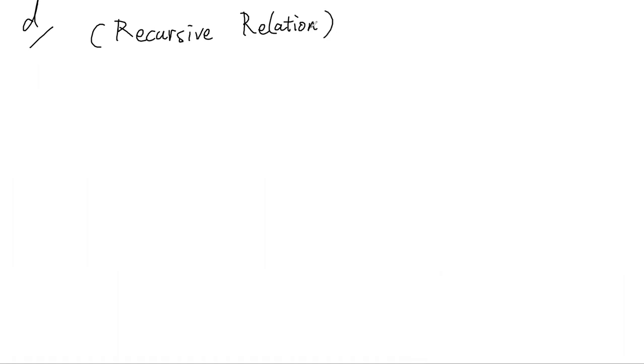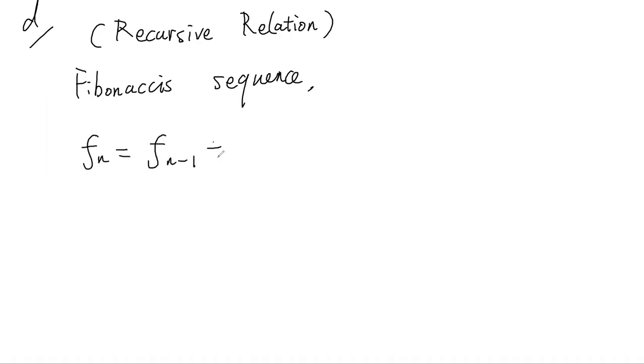The most famous example for this is the Fibonacci sequence, where the recursive relation is f of n equals f of n minus 1 plus f of n minus 2. This is true for n greater than or equal to 3, and the first 2 terms are given: f of 1 is equal to 1, f of 2 is equal to 1.